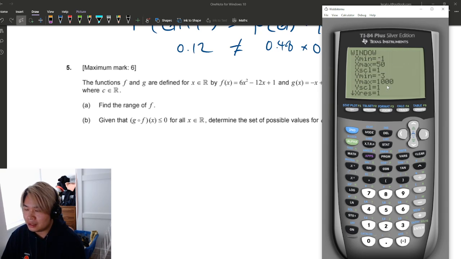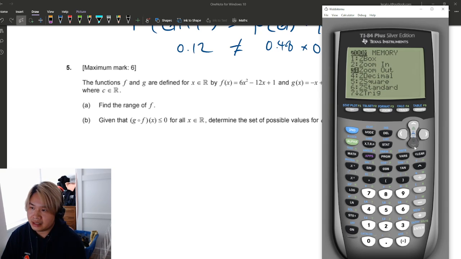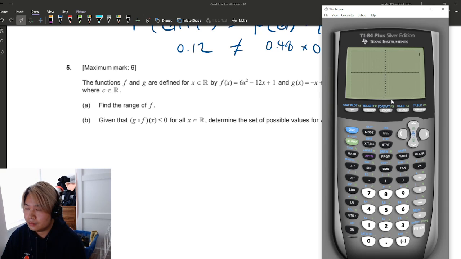My window is really wonky from the last one. If you don't know what values to start with, you can go into zoom, and if you choose Z standard, that resets it to -10 to 10 and -10 to 10. The range of this graph is basically the y values.